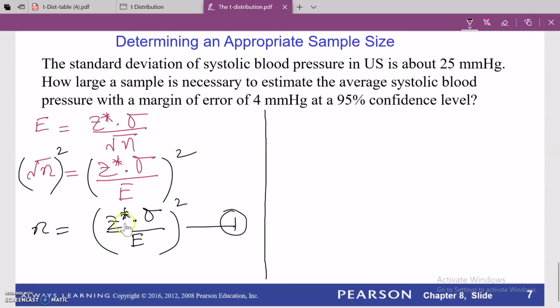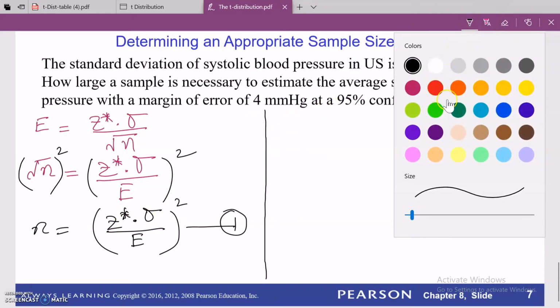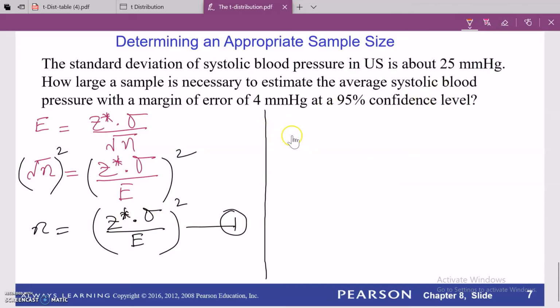Now this is the formula to find the necessary sample size given the margin of error and the confidence level. In this particular problem, the confidence level is already given to us, which is 95%. Recall from my earlier videos that if the confidence level is 95%, then the critical value Z star is always equal to 1.96.